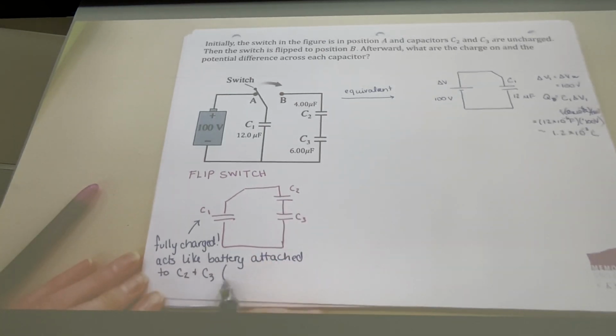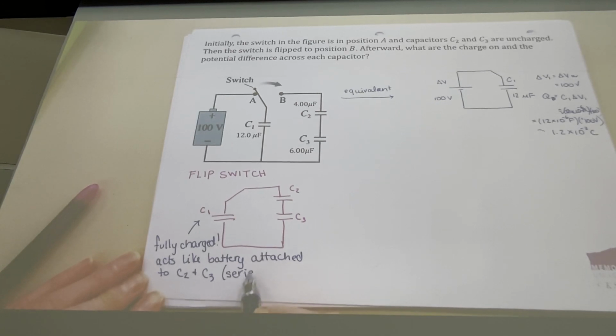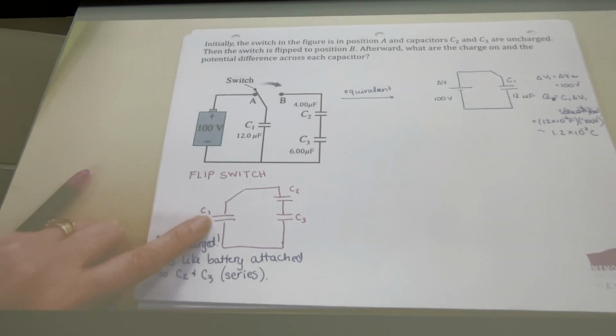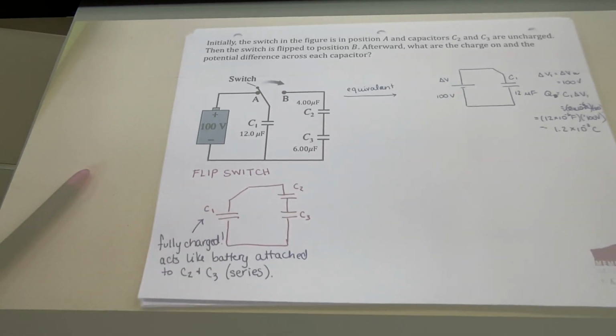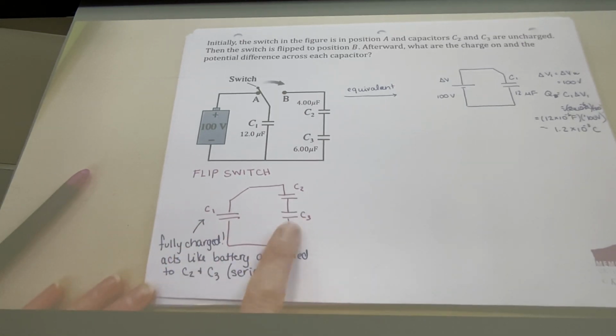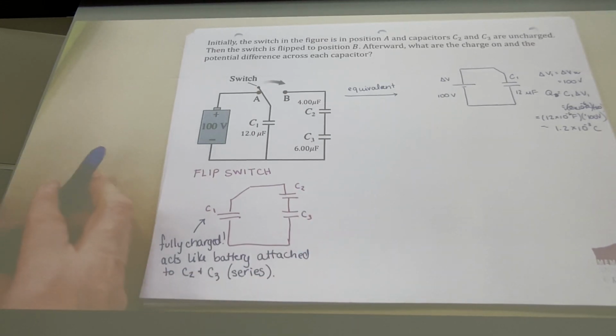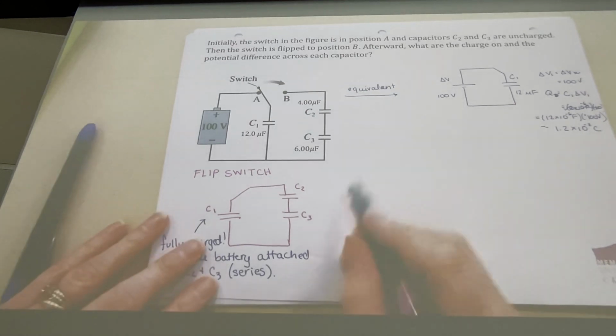C2 and C3, you notice, hopefully, maybe, depends on how much you looked at physics over break, are connected in series. So this is acting like a battery to these two capacitors connected in series. So the capacitor acting like a battery is going to charge these guys up. So we know that if we have two capacitors in series, we can draw an equivalent circuit.